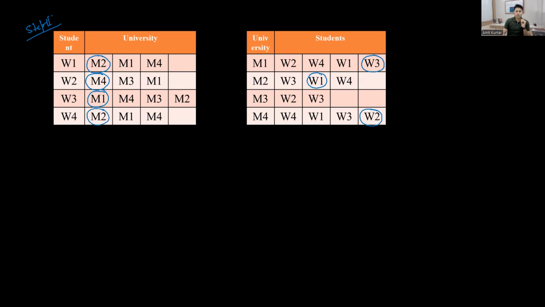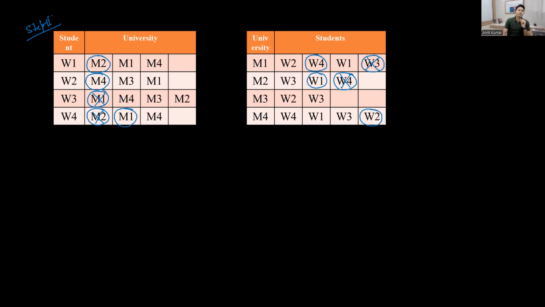W4 proposes to M2 and it will not be accepted because W4 is worse than the current option. So it is rejected. Now W4 exercises the second option, which is M1. So W4 to M1, yes, it will be accepted because it is better than W3. M1 W3 gets crossed.